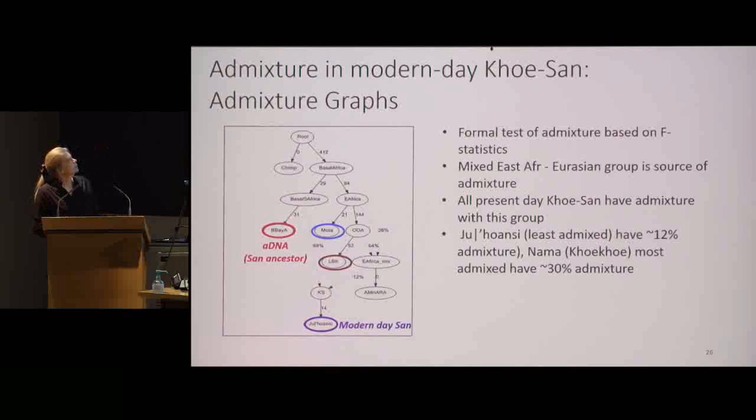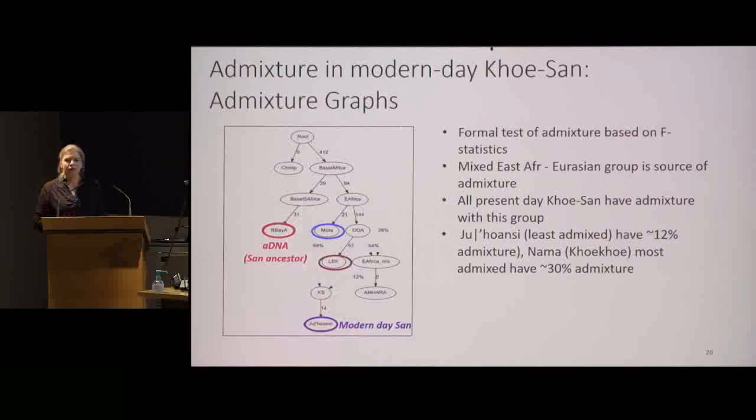So we did these formal tests of admixture based on F statistics, and we built these models, admixture graphs, to test where this admixture comes from in modern-day Khoisan groups. And we used different ancient DNA individuals as anchor points in these admixture graphs.